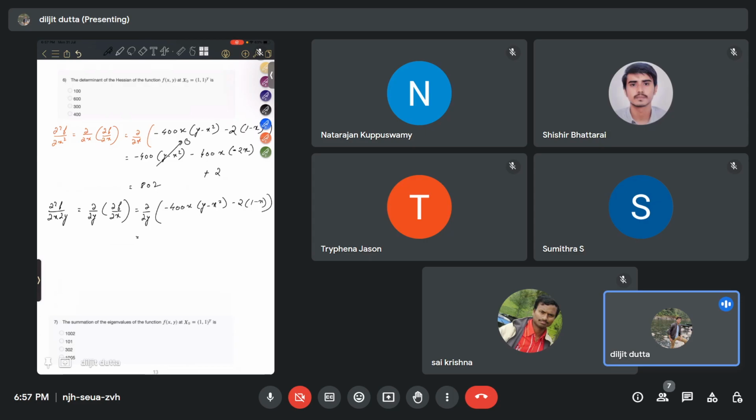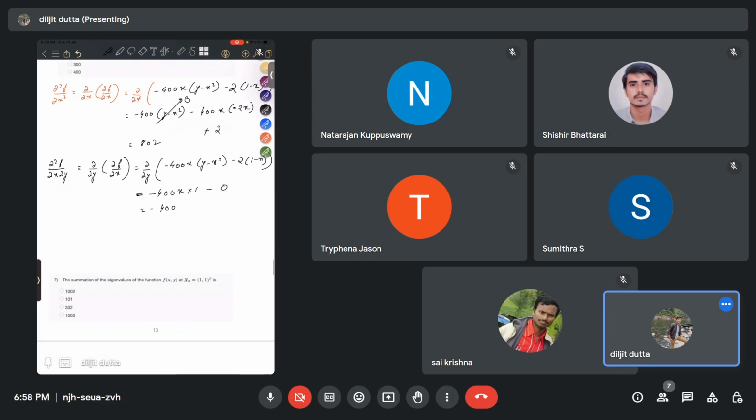Only the first term will remain here. Since x is independent of y, minus 400x will come out of the derivative, and del by del y of y minus x square will be 1, and the second term will be 0. So this is equal to minus 400, since x equals 1.